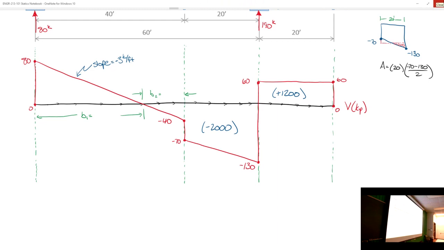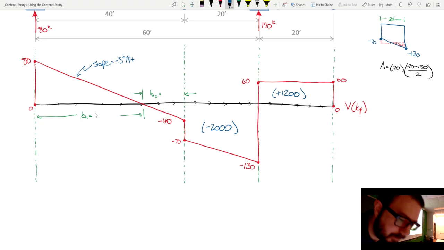Okay? So if I want B1, I just need to do 80 over 3. What is 80 over 3? 26.67, something like that? So this is 26.67, and so that makes this 13.33 feet.